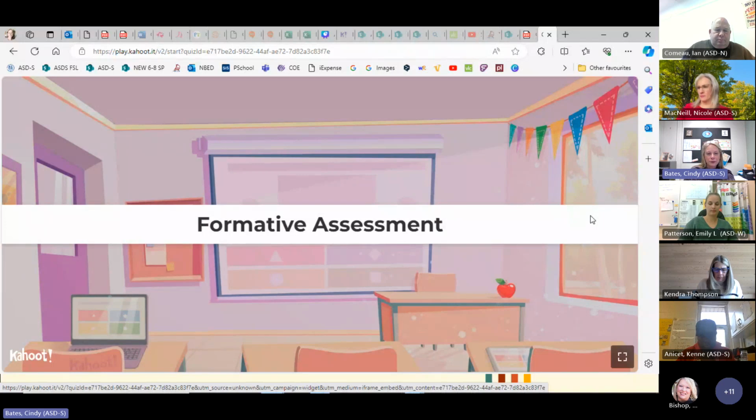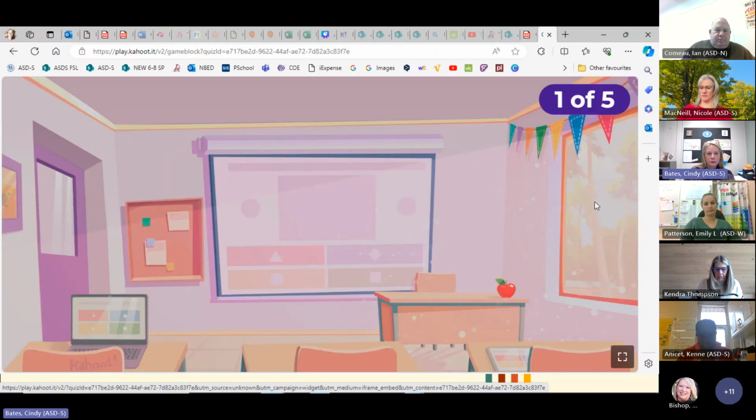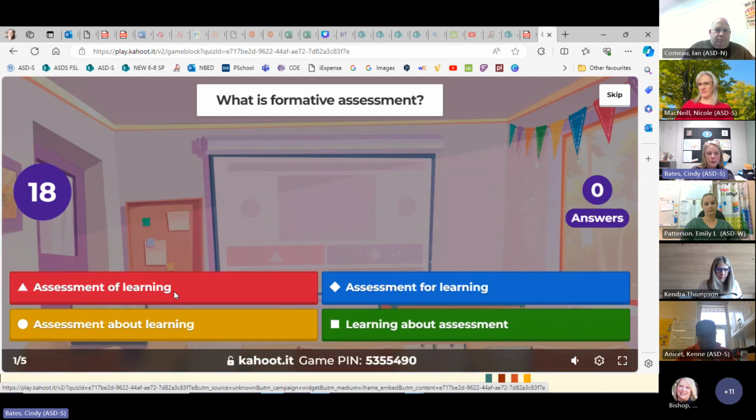Question number 1. What is formative assessment? You have 4 options: assessment of learning, assessment about learning, assessment for learning, and about learning about assessment. The quicker you answer, the more points you get.